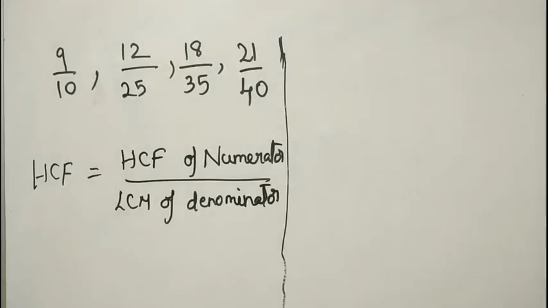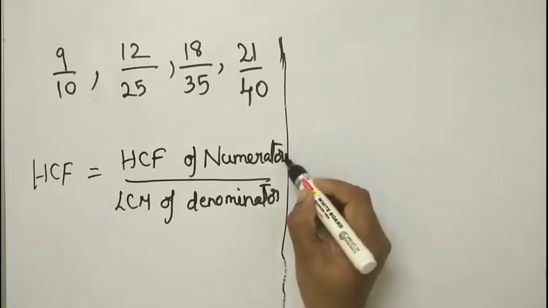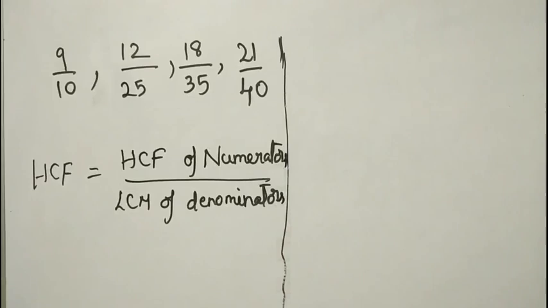Okay. In case of fractions, the HCF of whole fractions will be the HCF of numerators by the LCM of denominators. So first we have to find the HCF of numerators, then we have to find the LCM of denominators, and using those you will get the HCF of the whole fractions.